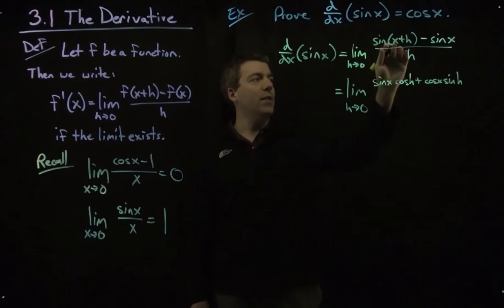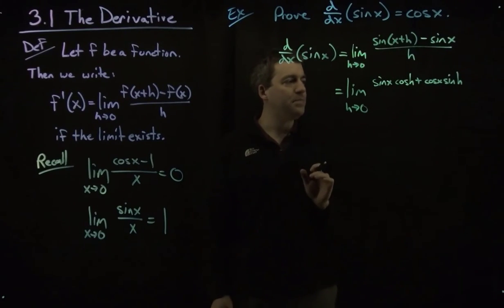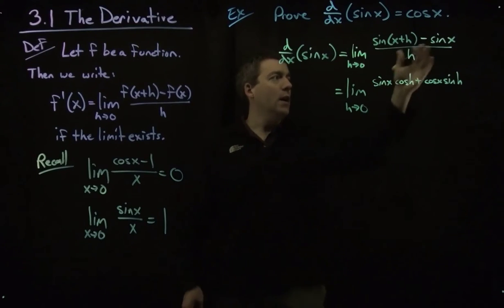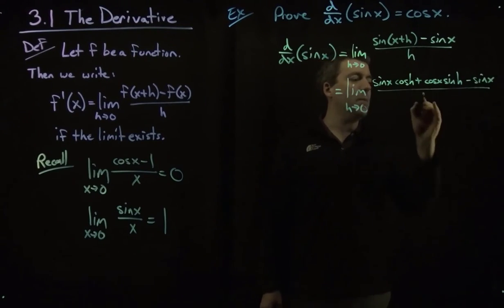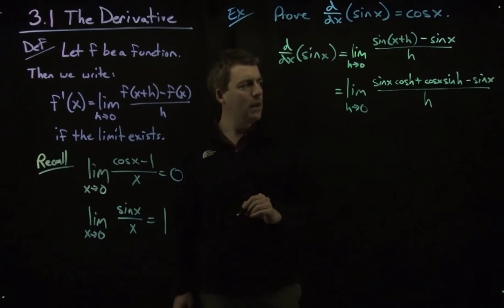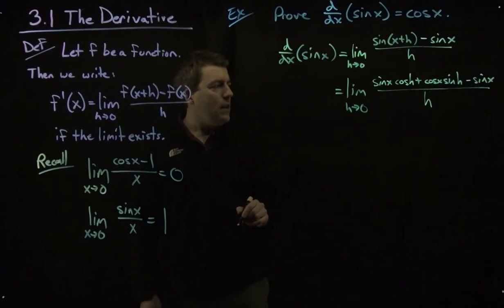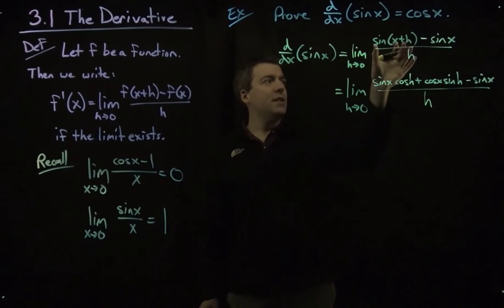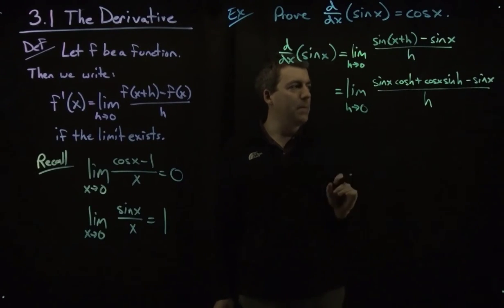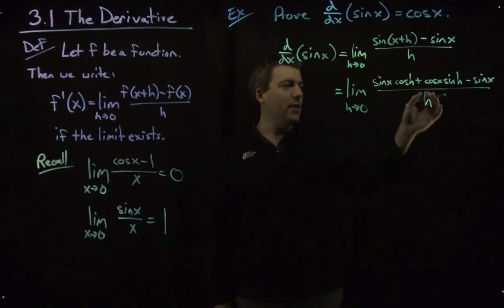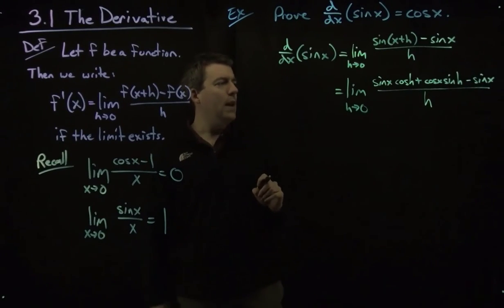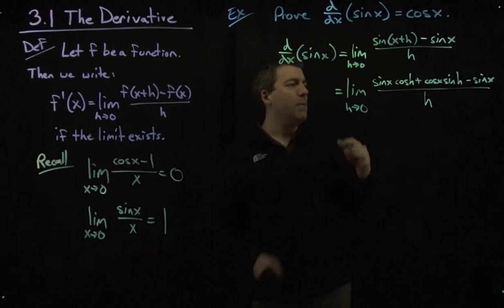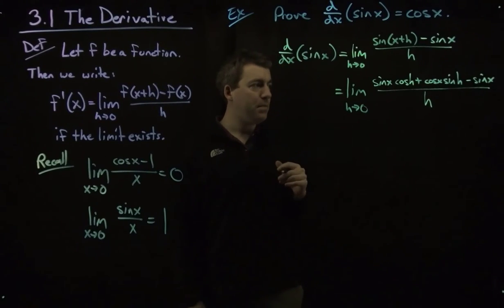So this is what sine of x plus h breaks down into using the sum formula. We subtract sine of x, everything divided by h. Okay. So this takes our sine of x plus h and splits it up. Now we have sine of x cosine of h. We don't have this x plus h in the argument anymore, and that'll allow us to do some manipulations of this expression.